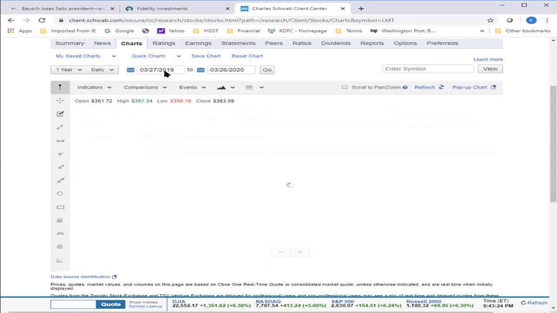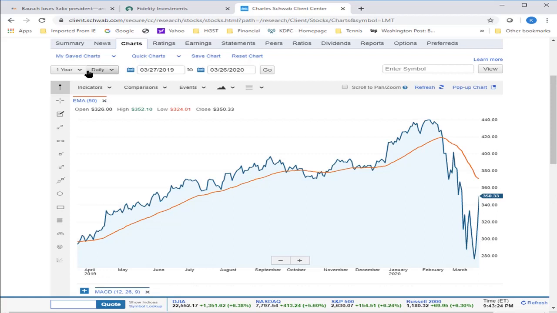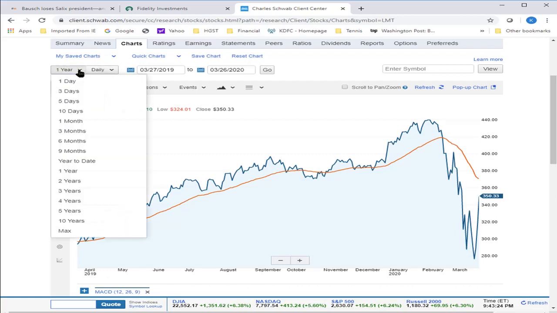As you see here, this will be a chart for 1 year with daily pricing. You can change the time period that you wish to display, all the way up to a max, which could run 25-30 years, and you can print them out for different time periods.